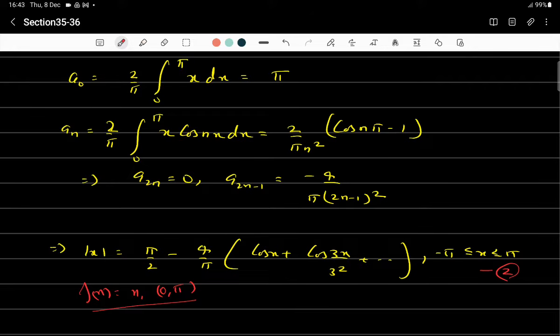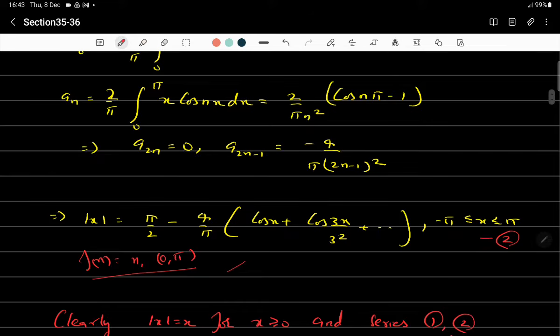The other way around, what exactly has happened is that let's say the question is, for f of x is equal to x, find its sine series and cosine series where x belongs to the open interval 0 to pi. To find its sine and cosine series, you have to rewrite f of x as an odd function over the interval minus pi to pi and as an even function over the interval minus pi to pi.